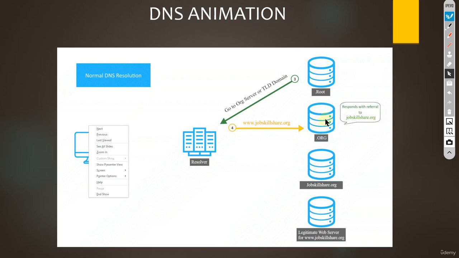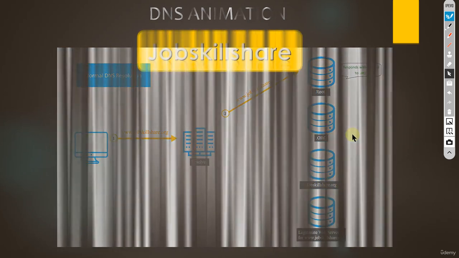So it will look into its directory, and it finds that they do exist with jobskillshare.org DNS. Okay, but where this DNS exists, it will exist here in this sub level domain. So information will be sent back.